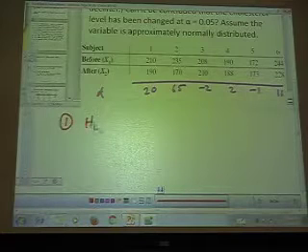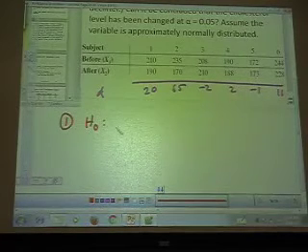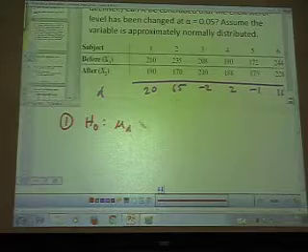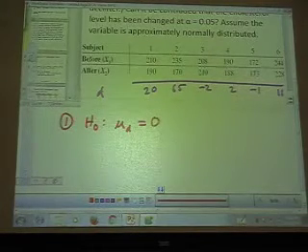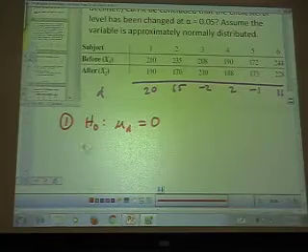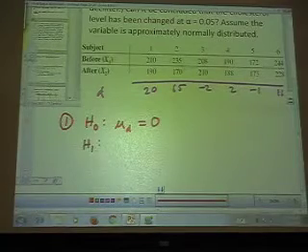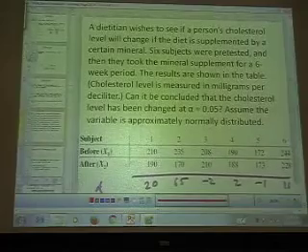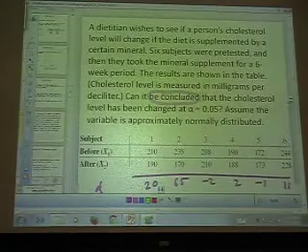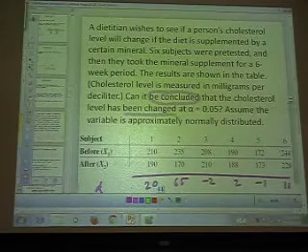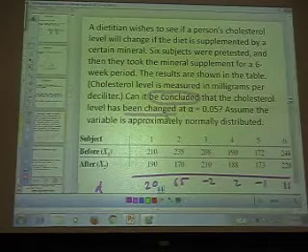H naught is always, always, always for this one that mu d is equal to 0, no difference. H1, let's find the claim. Can it be concluded? See the word concluded? That cholesterol level has been changed. So changed means what?